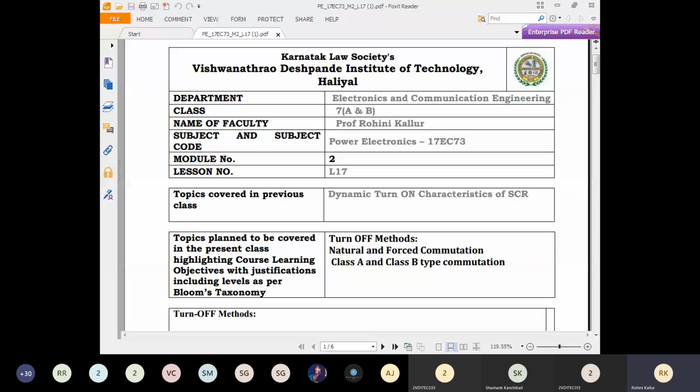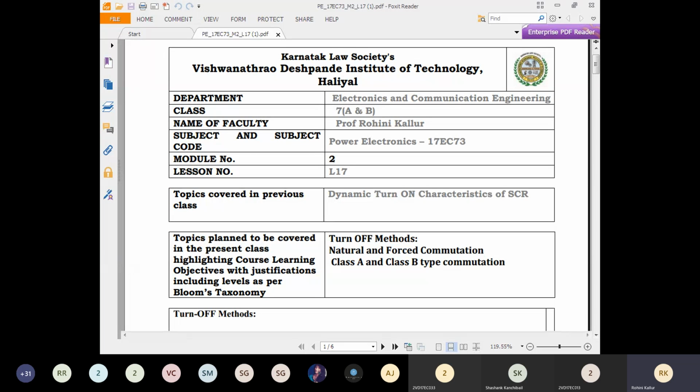That means the gate pulse or the gate current pulse, whatever we call it, IG, has control over the SCR only till it is triggered on or switched on. Once you switch the device on, you cannot control the conducting SCR by the removal of the gate voltage or the gate current.